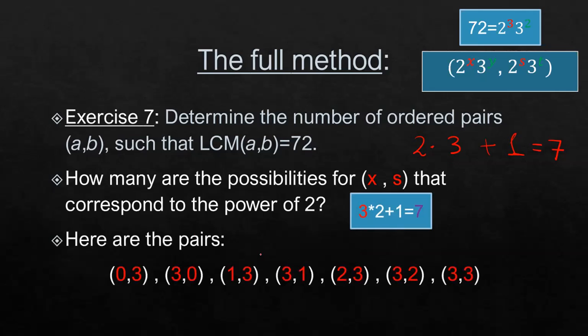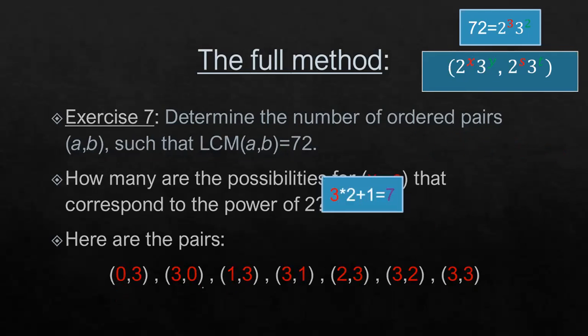And here are the actual pairs. If we were to sit down and find them, those would be the pairs for the exponents of 2. They are all of the pairs that have entries smaller than 3, their mirrors, and then 3, 3.